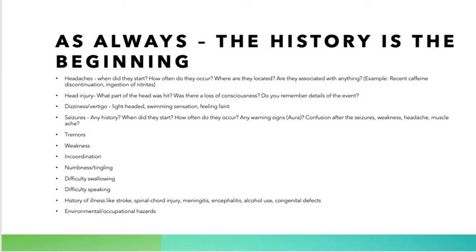We're going to look at problems with incoordination, numbness and tingling, difficulty swallowing, difficulty speaking, a history of illness like stroke, spinal cord injury, meningitis, encephalitis, alcohol use, congenital defects, and environmental or occupational hazards, because all of these things can cause problems with the neurological system.